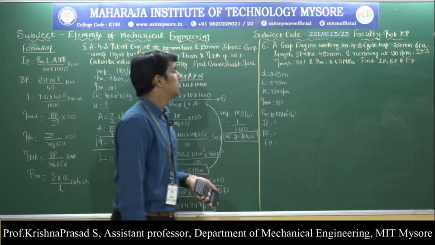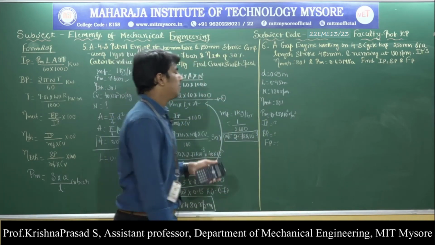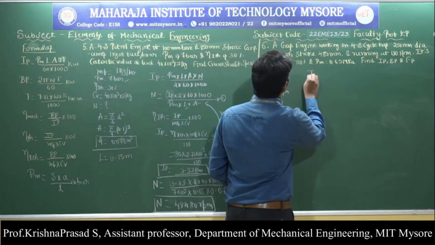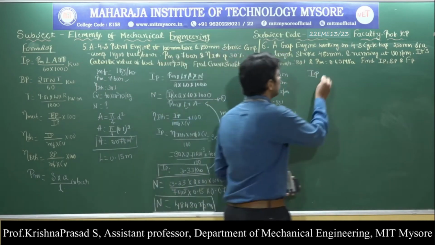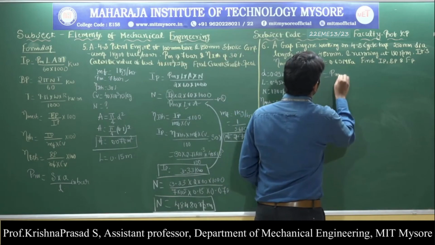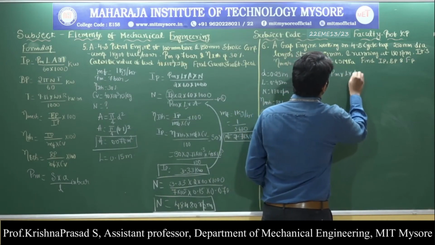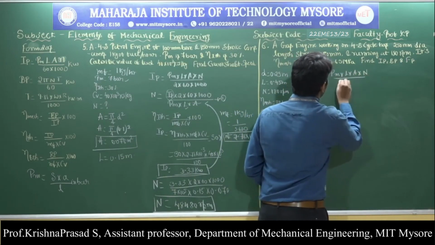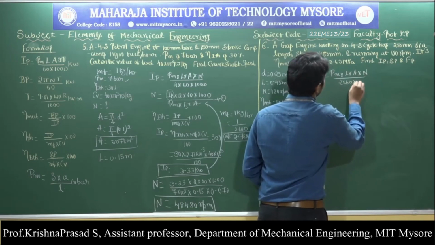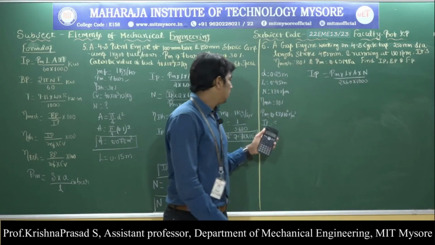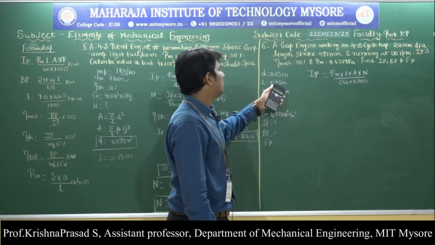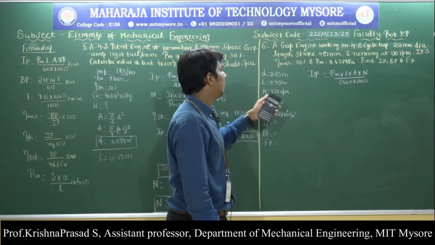Initially we need to calculate the IP value. So here IP for a 4-stroke engine is equal to PM into L into A into N divided by 2 into 60 into 1000. Here we know what is meant by the PM, the L, the area, and everything.